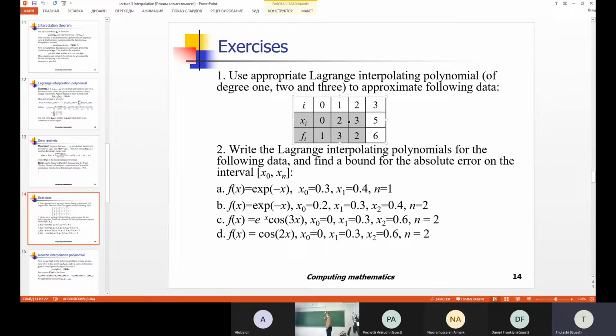Yes, this result seems correct because if you substitute here x0 equals 0, we have 6 over 6, 1.